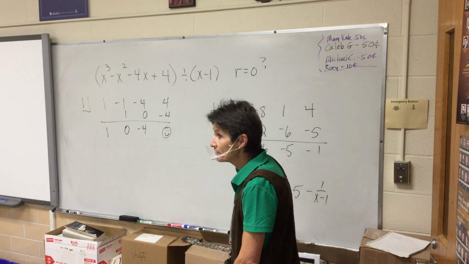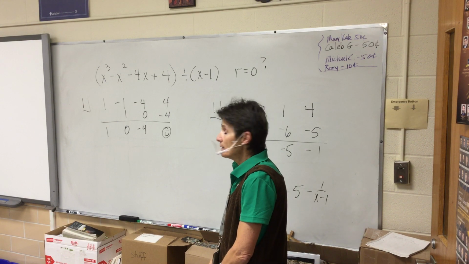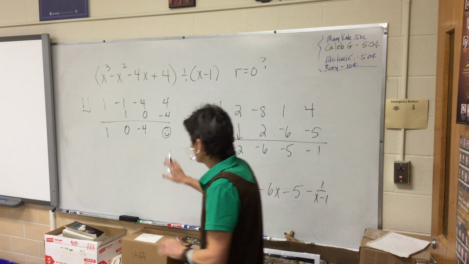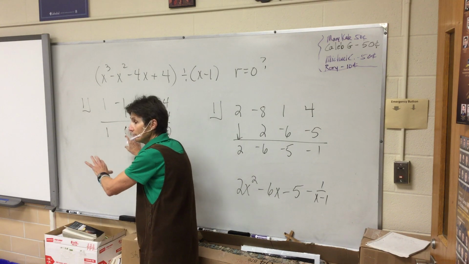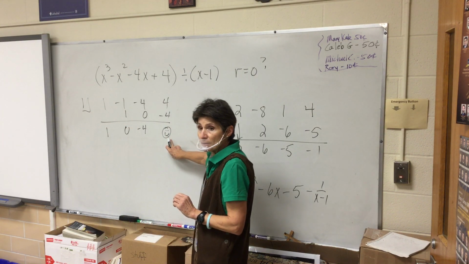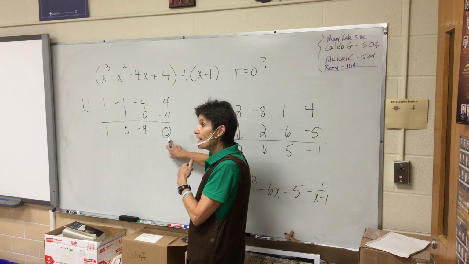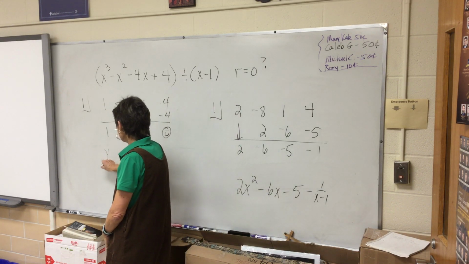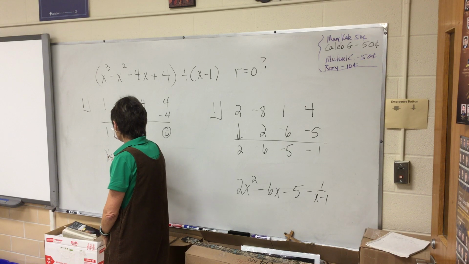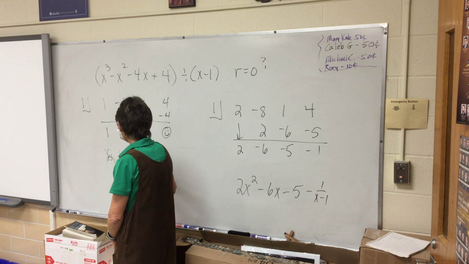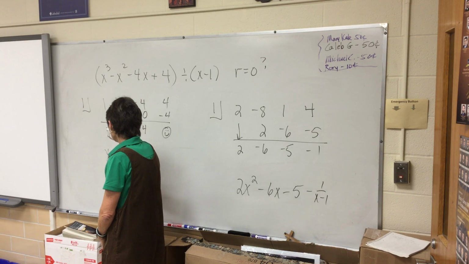We did. Now, in this problem, we don't care about all this other stuff. All we care about is that. Because that tells me I have a factor. So the answer is yes, because the remainder is 0.